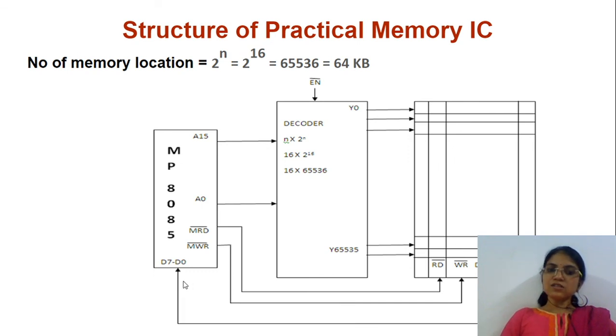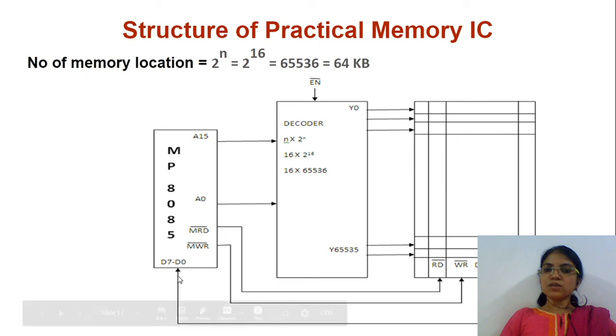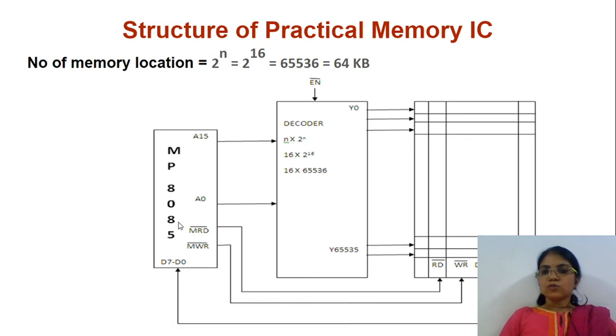In the third step, we transfer a signal by using the software instruction, and when that signal is given to the microprocessor, whatever content is present on D7 to D0 is accessed by the microprocessor 8085. So the steps are somewhat different in memory reading and memory writing.